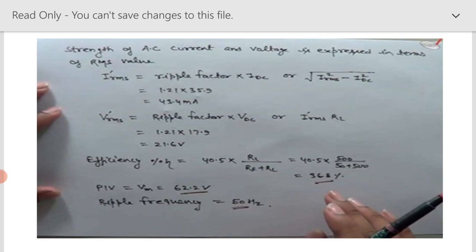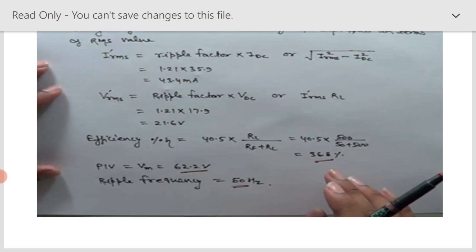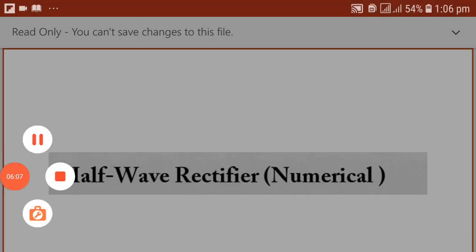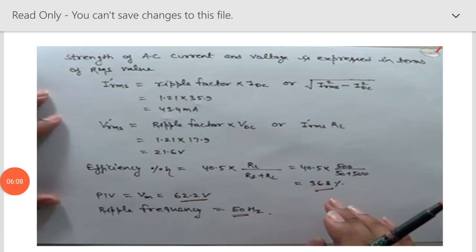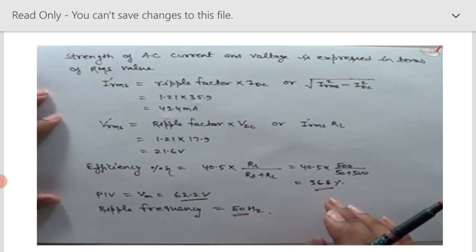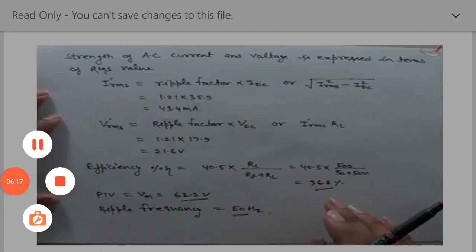That is IRMS. V dash RMS is equal to ripple factor into VDC, that is 1.21 into 17.9, which is 21.6 volt. That is the VRMS voltage.